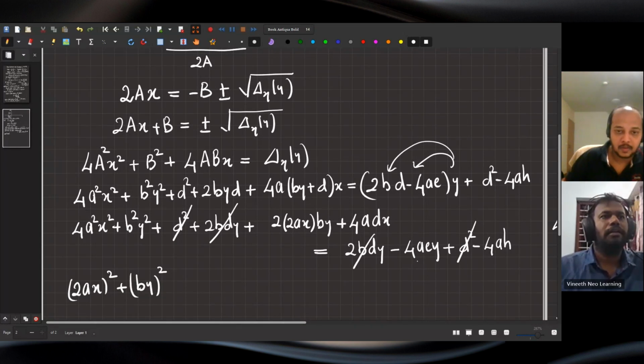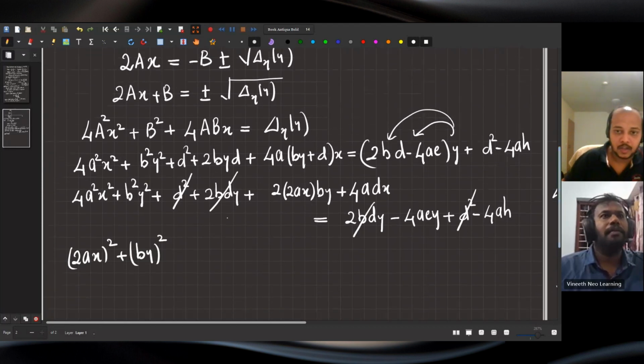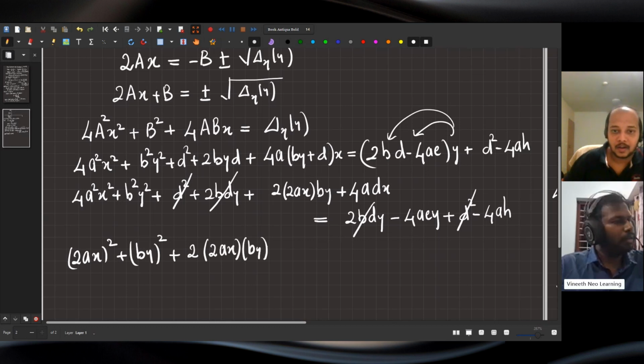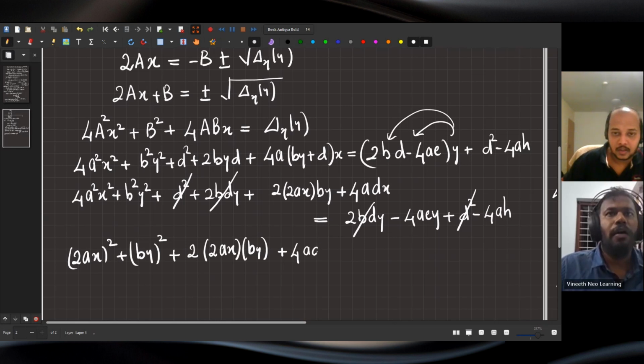The 2ax whole squared plus by whole squared plus 2 times 2ax times by, plus 4adx.